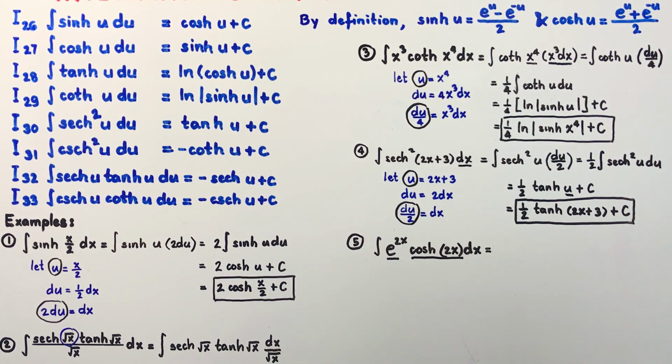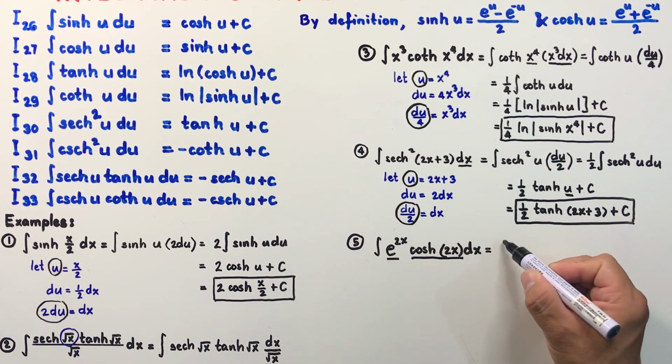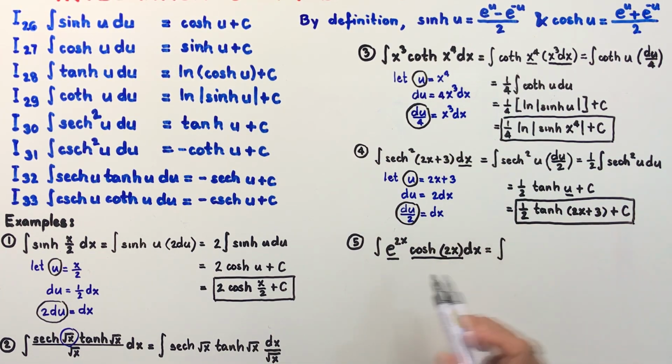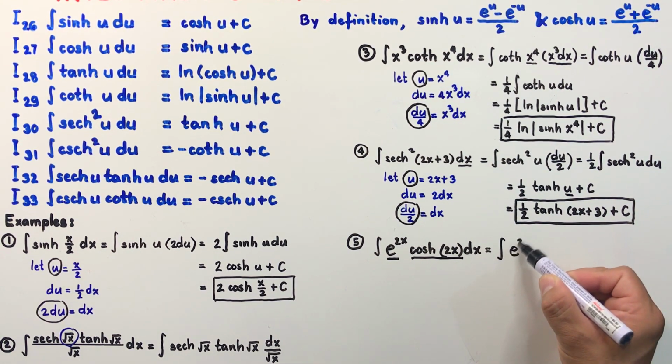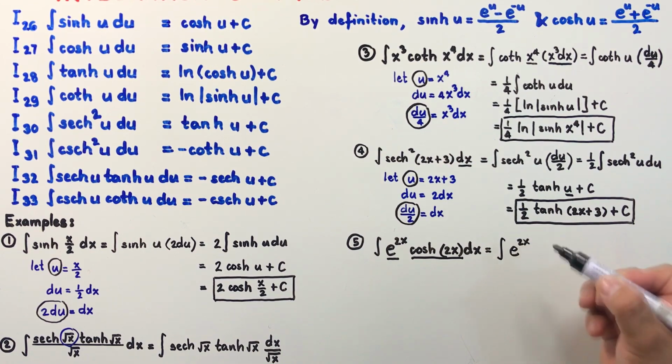But we know that hyperbolic functions are defined in terms of exponential functions. So it is logical to express the product in terms of the same functions. So since our first function is e to the 2x, we don't disturb our first function.